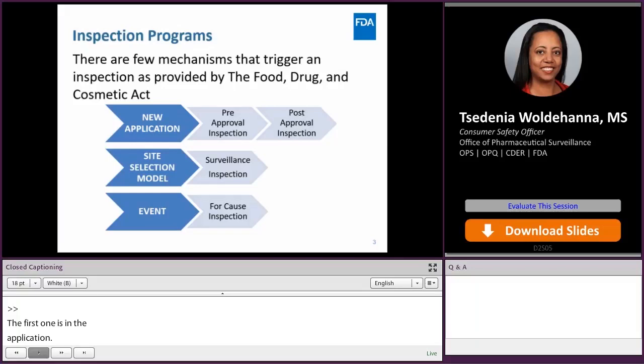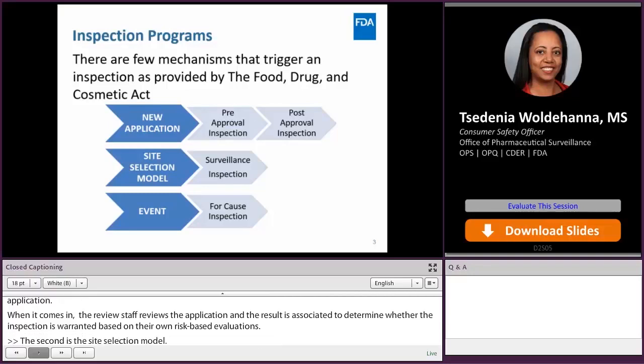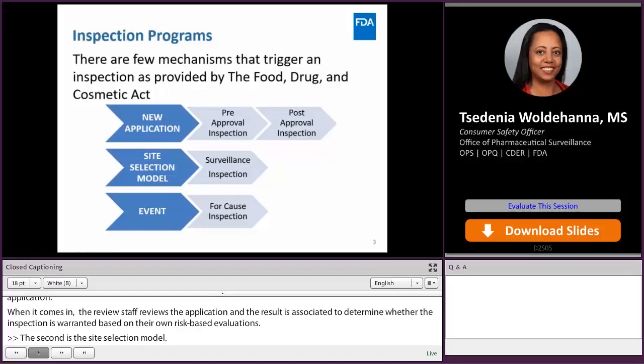The second trigger point for inspections is the site selection model. So surveillance inspections are triggered through this mechanism, which is a risk-based facility selection mechanism that is used to select facilities from a list of facilities that we have in our inventory for manufacturing, processing, packing, or holding drug products.